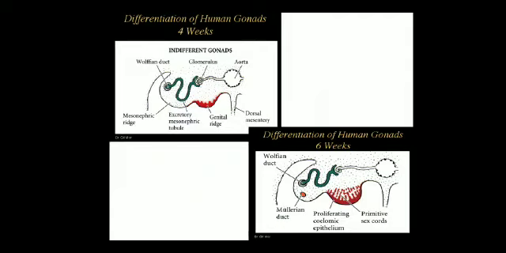continue to proliferate. The Leydig cells are derived from the sex cords that are not canalized. The membrane of the Leydig cells has receptors for human chorionic gonadotrophin.